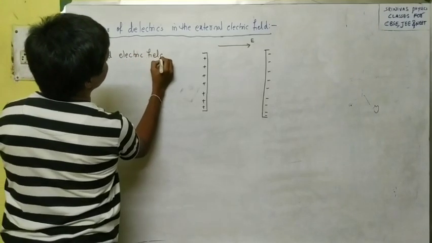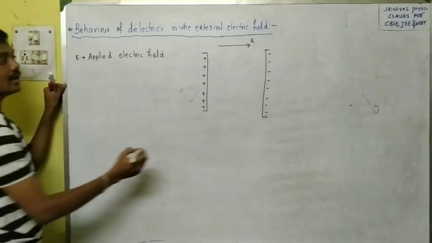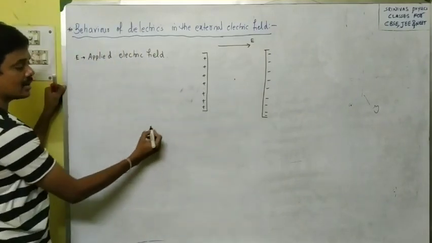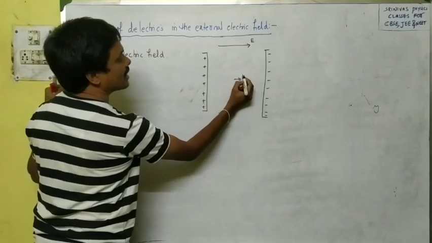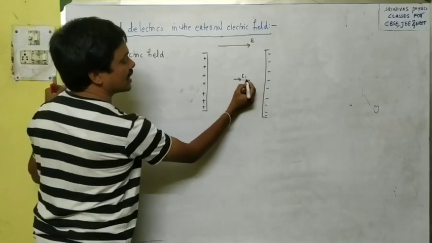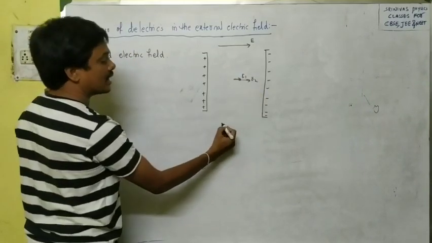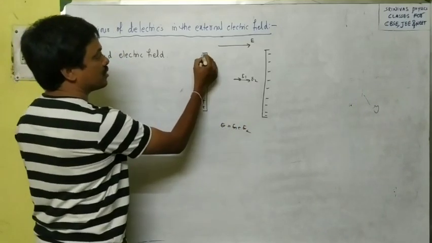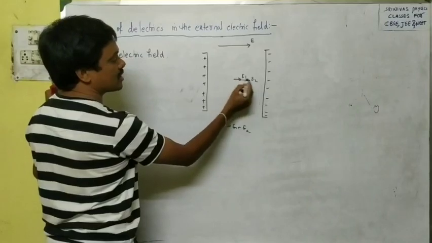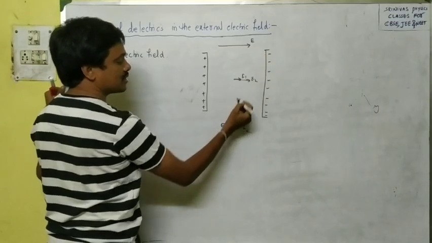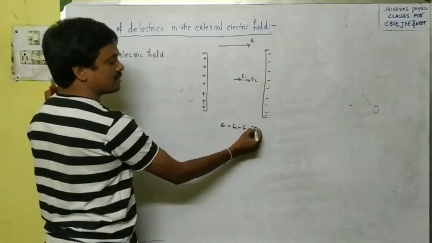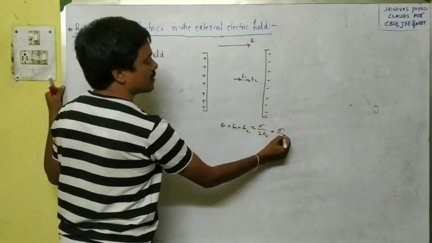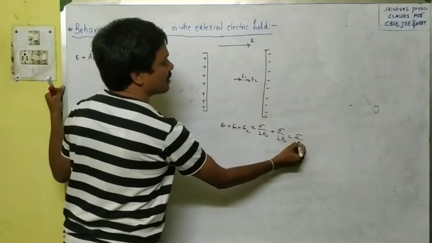Can you give the formula for the applied electric field? Here, the electric field due to the positive plate is E1, and the electric field due to the negative plate is E2. The net electric field is E1 plus E2, because the field is away from the positive plate and towards the negative plate. Each is sigma by 2 epsilon naught, so we get sigma by epsilon naught.